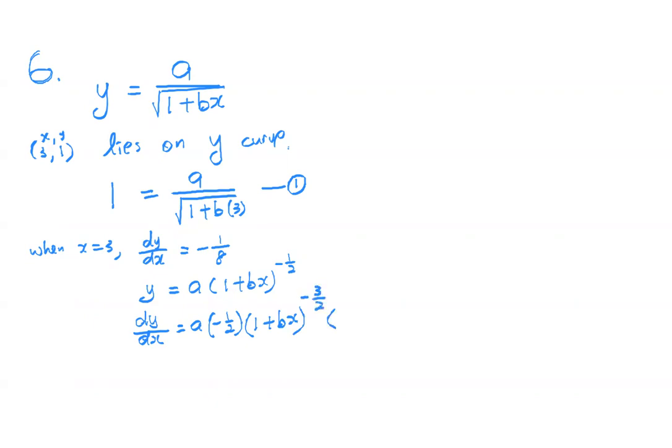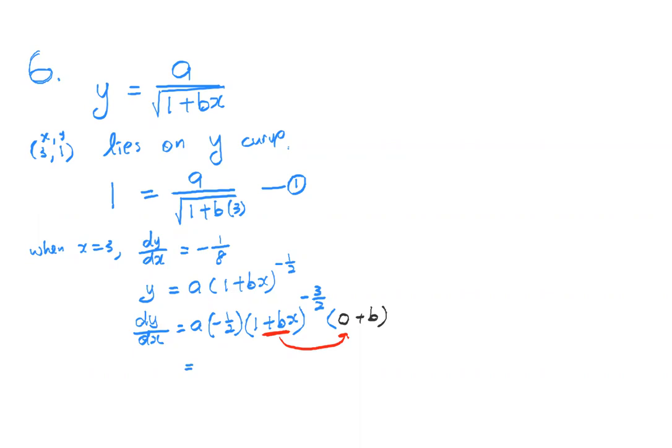Times by the rate of change of the inside here. Okay, rate of change of 1 is 0. Rate of change of bx is b. Are you okay?